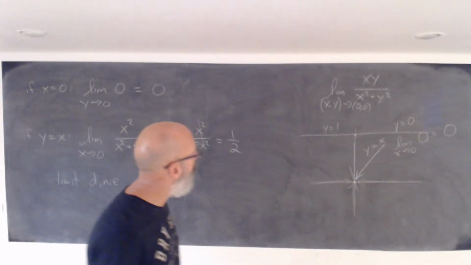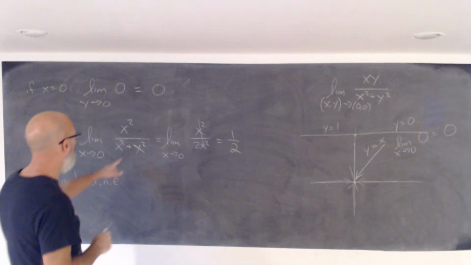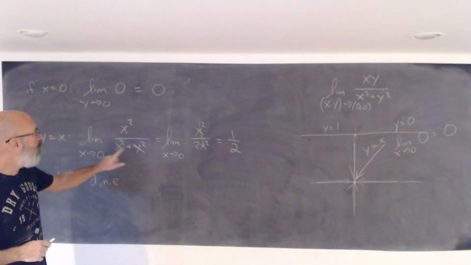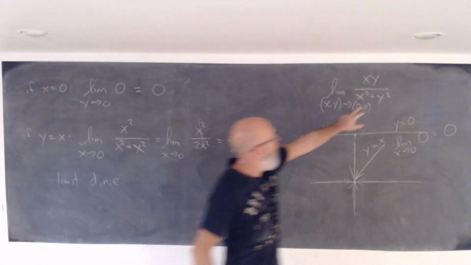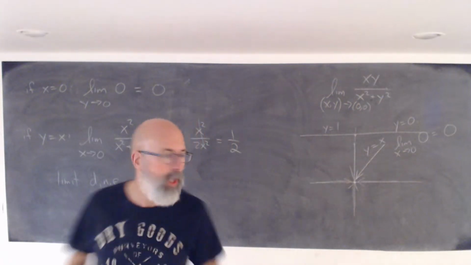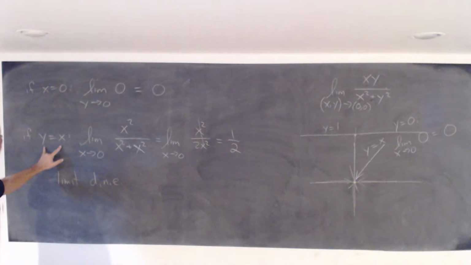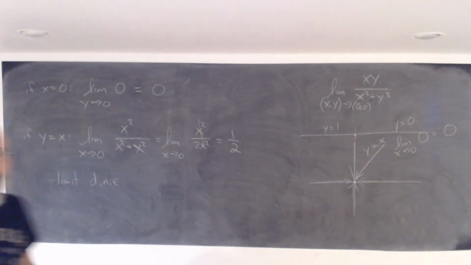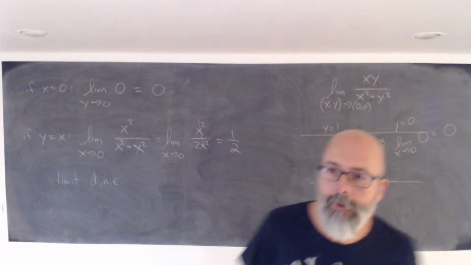Quinn is asking, is it a plus at the bottom? Right here, it is a plus. The original was x squared plus y squared, right? And we're just replacing x with y. I'll try to write bigger.